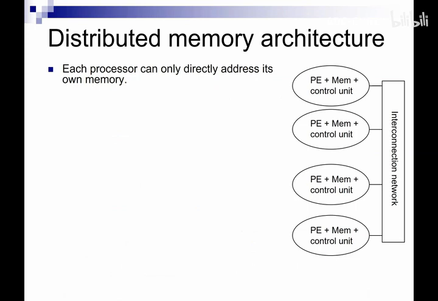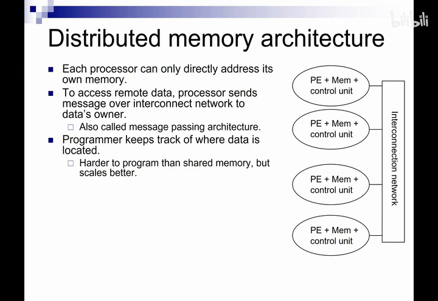Okay, so the next major memory architecture is the distributed memory architecture. Here, instead of all of the processors having a single logical address space, each processor has its own memory space, and it can only directly access its own memory. This is illustrated in this figure, where we have, let's say, 4 different processors, and each has its own piece of memory.